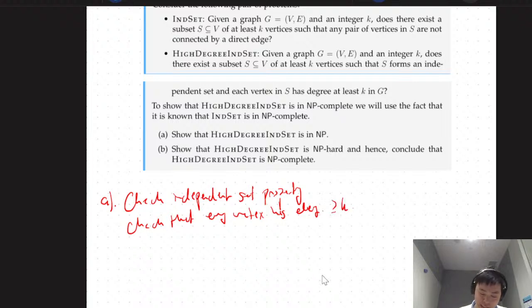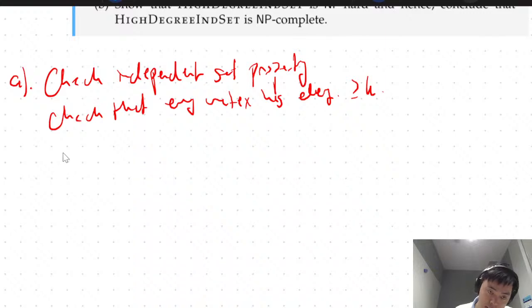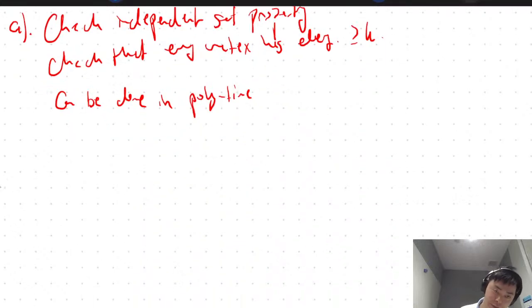And it's very easy to see that this can be done in polynomial time. Cool. So we've just shown that it's in NP.